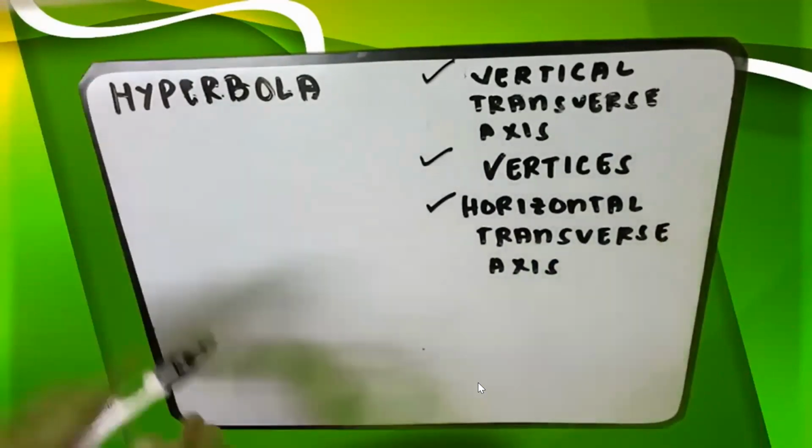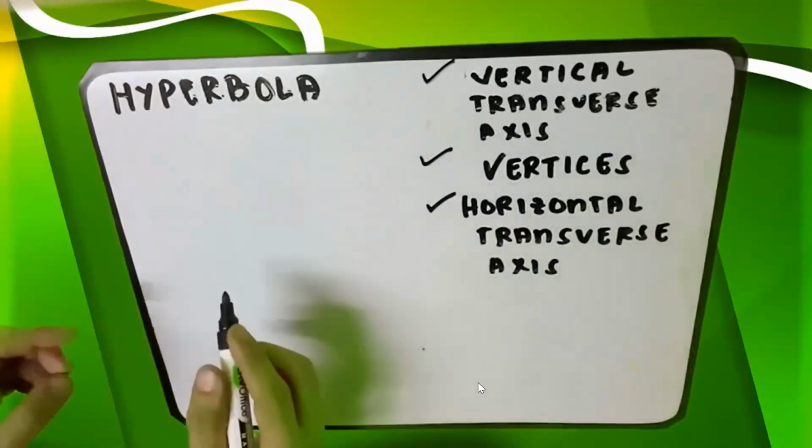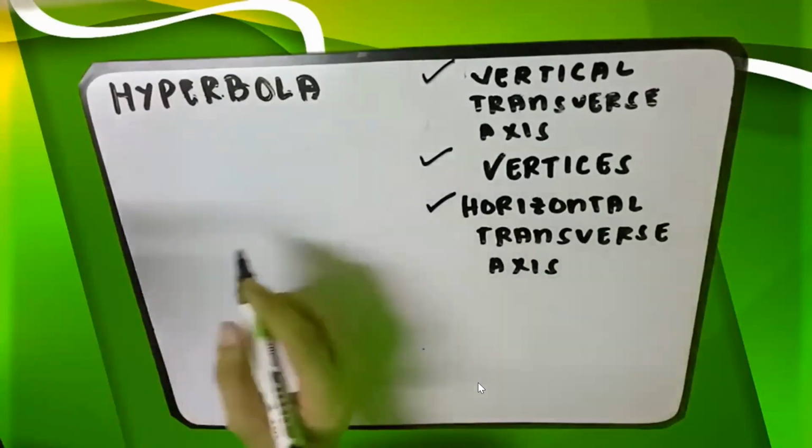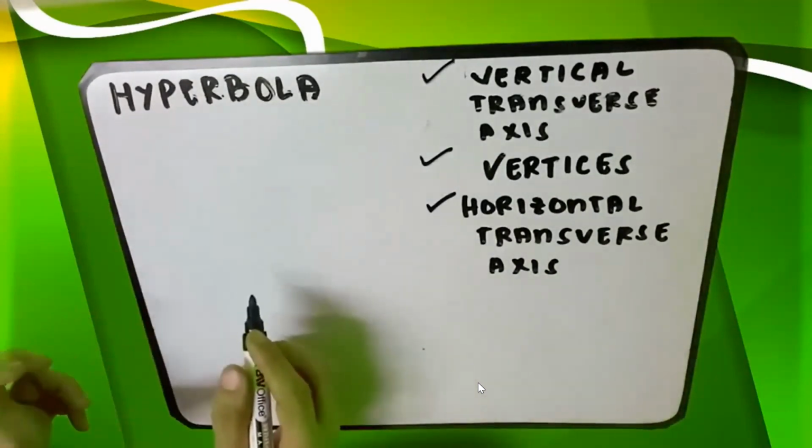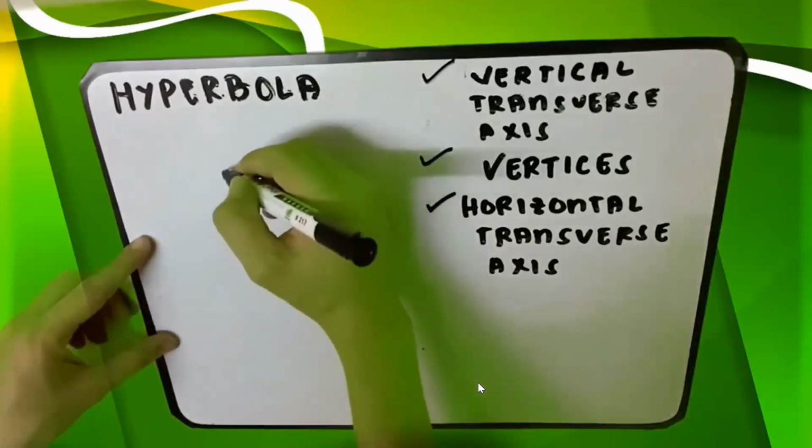Sa horizontal transverse axis, ibig sabihin, if we connect the two vertices, yung line segment na mapo-form ay nasa x-axis.